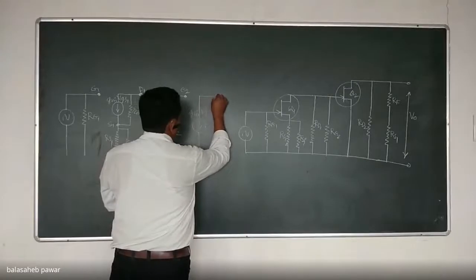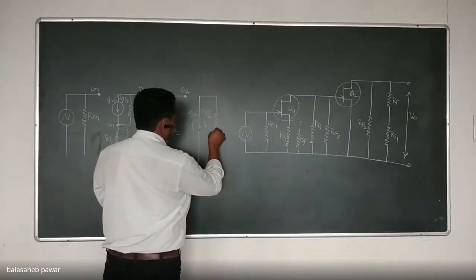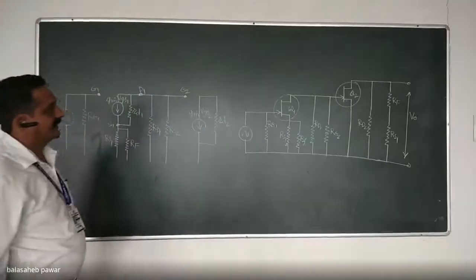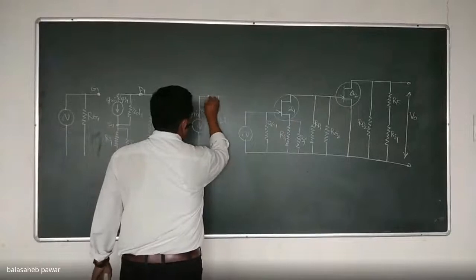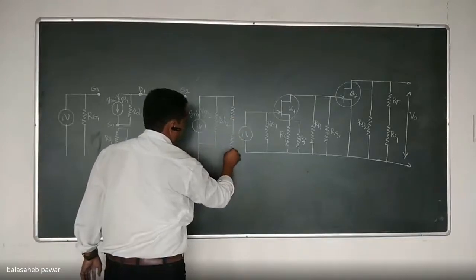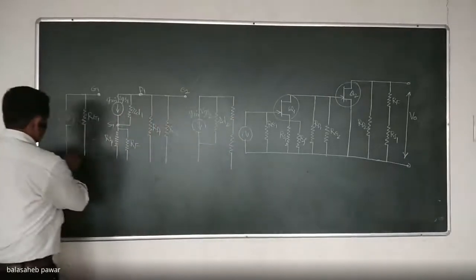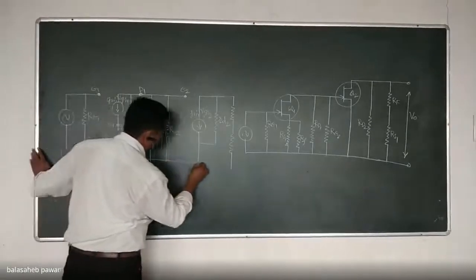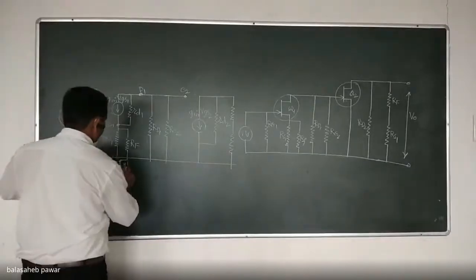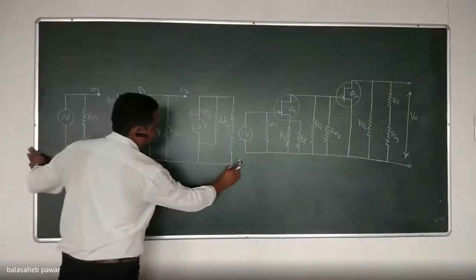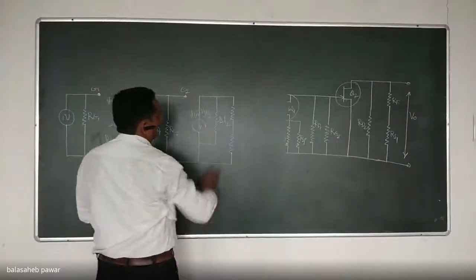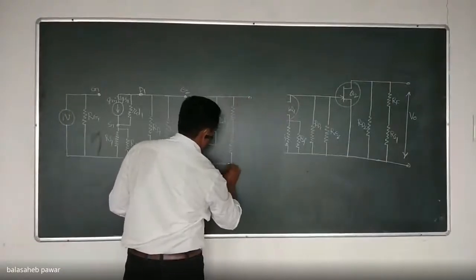Then its own resistance, small rd, that is rd2, will be as it is, and the series combination of RF and RS1 as it is. And here we are taking the output.